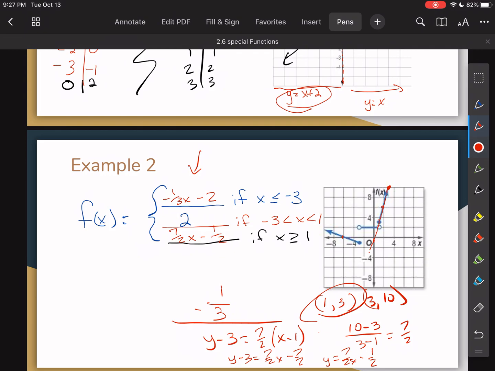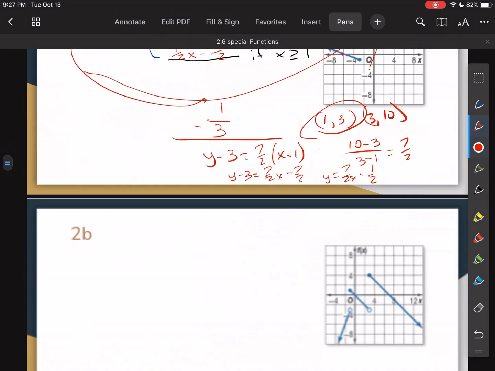But yes, this all does depend on choosing 2 points that appear to be solid on the graph. So hopefully your textbook makes that nice and straightforward. This blurry picture is not as straightforward, but that's okay. That is how you come up with piecewise equations looking at a graph.